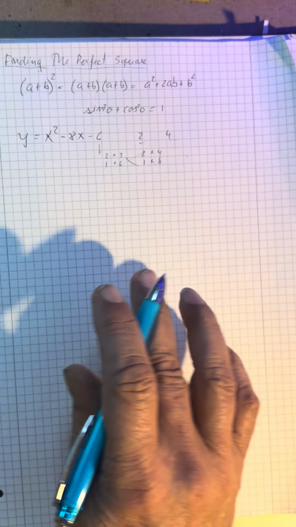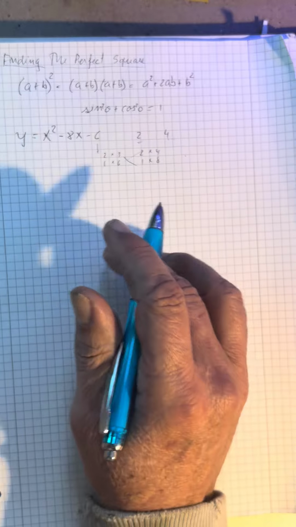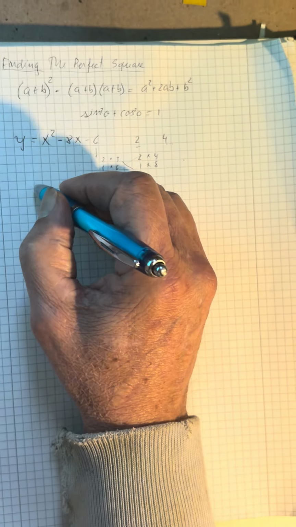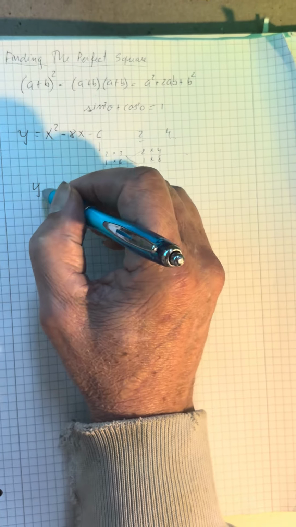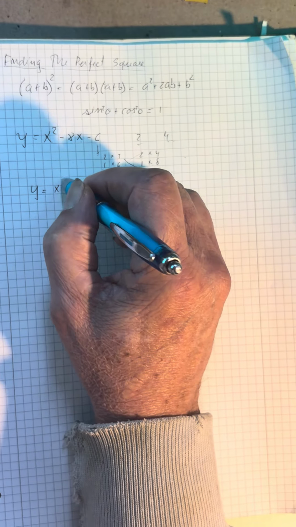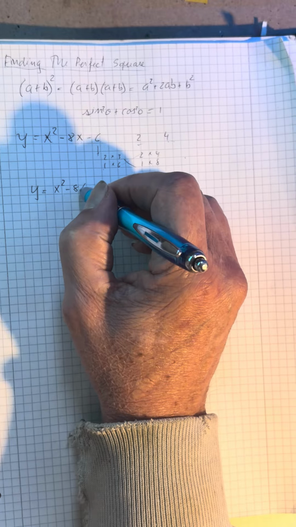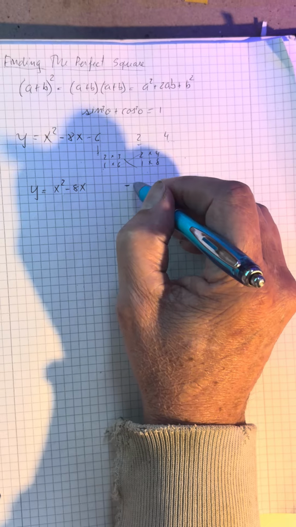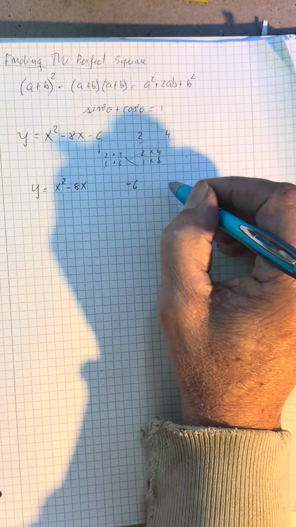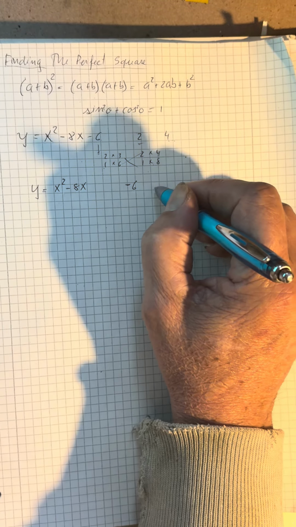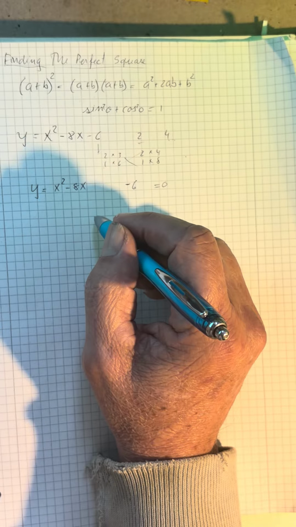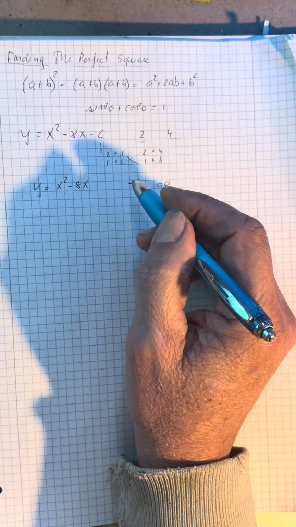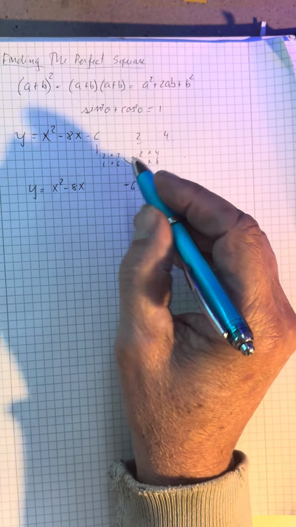So we're going to use completing the square. In completing the square, we do this. We write this, we separate the 6 a little bit. Remember, we are setting this equal to 0 because we want to find the roots of the equation.